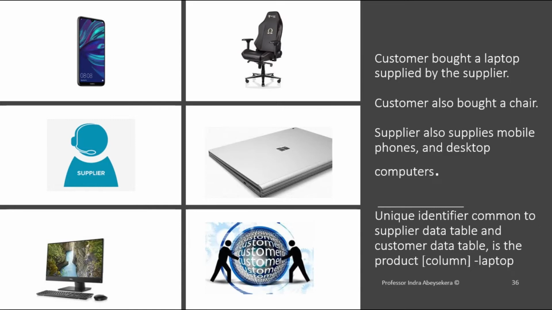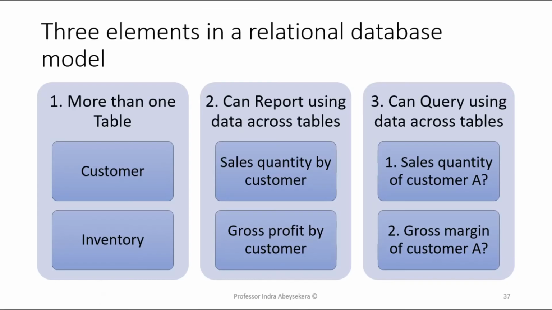So through that product, we can connect the supplier database, customer database, or purchases database, and the sales database. We can establish a relationship between these two databases using product as a common identifier, but the product should appear as a field in the supplier and also for the customer.